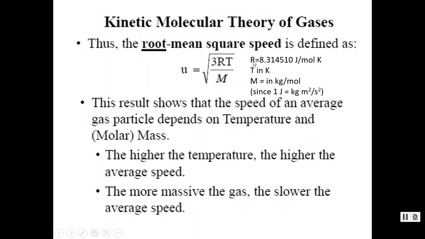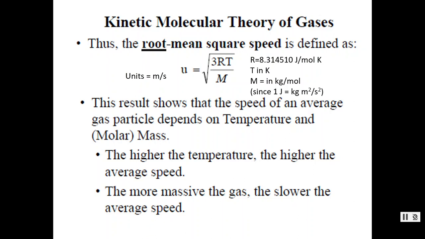And so using a gas constant in joules per mole Kelvin, a temperature in Kelvin, and a molar mass in kilograms per mole gives a root mean square speed with units of meters per second.